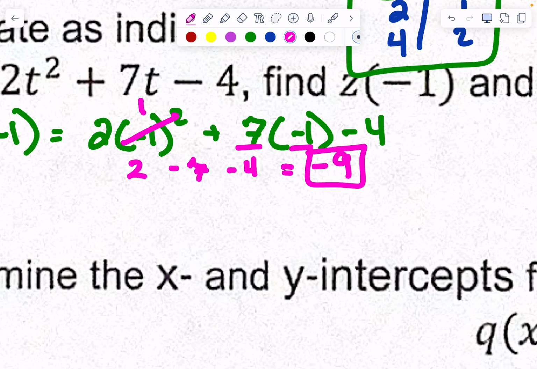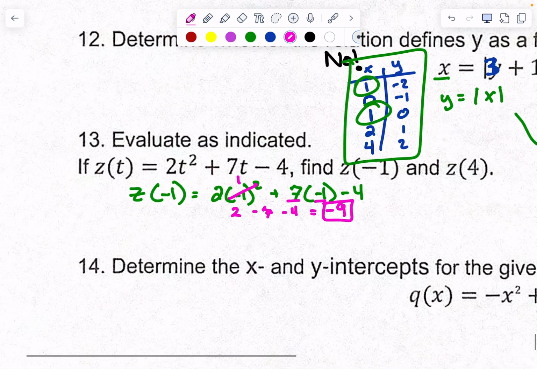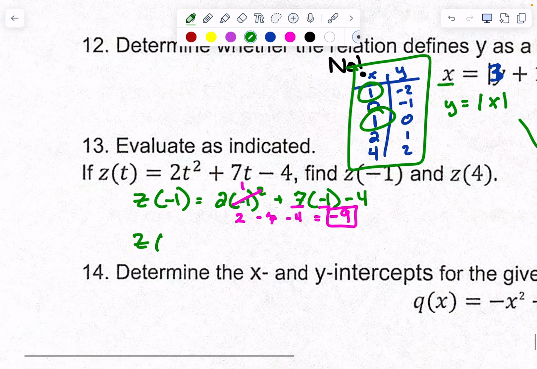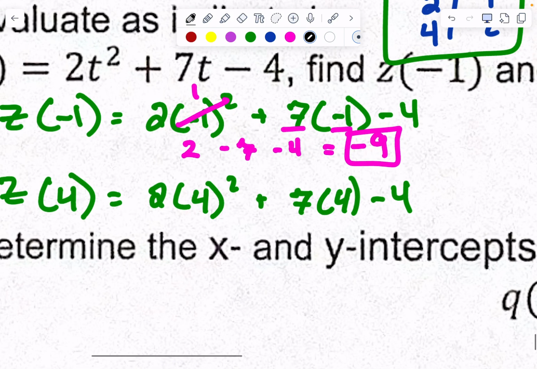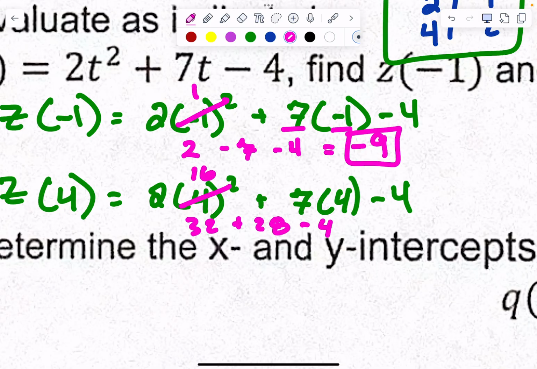Wait, where did it go? Z of -1. Sir, just calm down. Dylan, you just need to take a chill. Okay, good. 32, 16. Did you rage bait Dylan? 32 plus 28 minus 4, 56. 56 is my guess also.